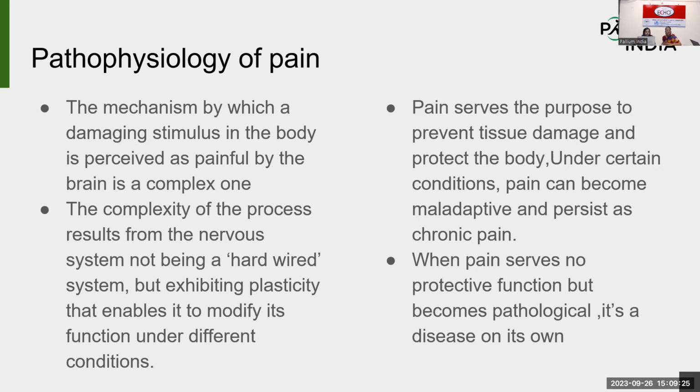The mechanism by which a damaging stimulus in the body is perceived as a painful one is a complex one. Why is it complex? Because it's not a hardwired system, but exhibits plasticity. Plasticity is the word to be understood here. What it does is enable it to modify its function. So that's why it's not hardwired. It's not only one way. So it can present in different ways.